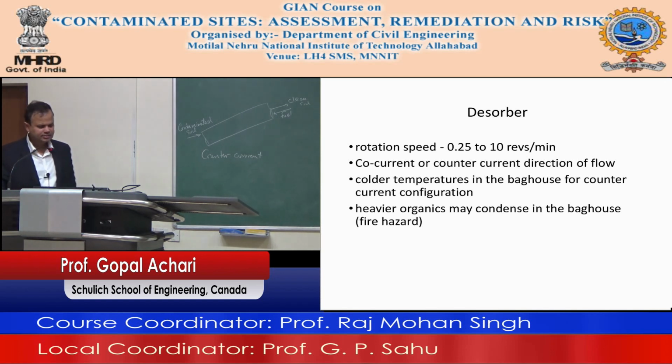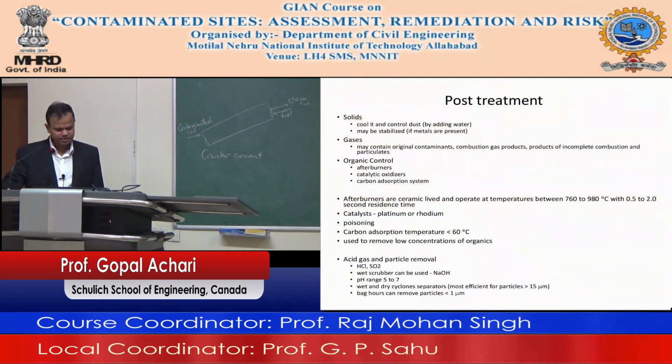If you have organics, we can use afterburners, catalytic oxidizers, and carbon adsorption systems, and we saw some of them when we talked about it a couple of days ago. Afterburners can be ceramic or operated between 760 and 980 degrees Celsius, and so on.